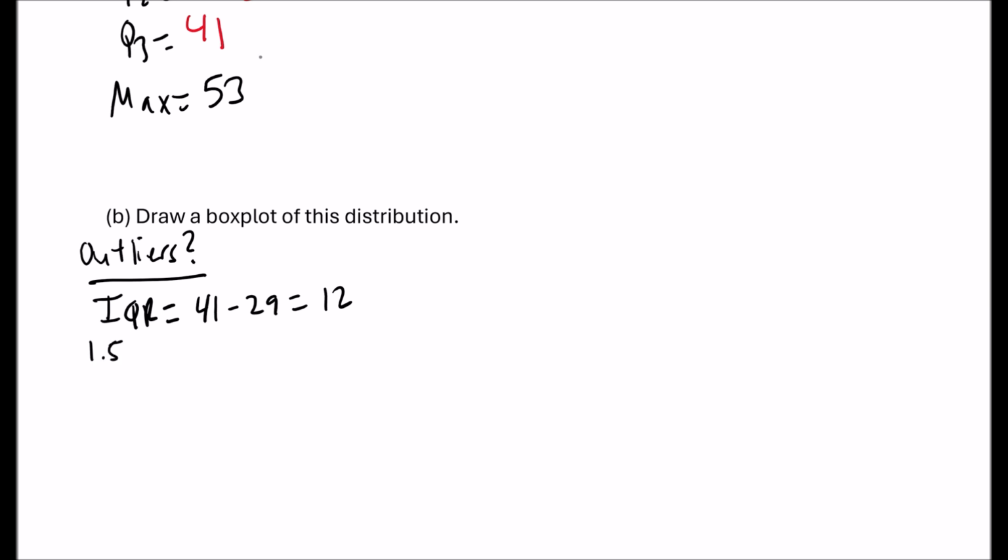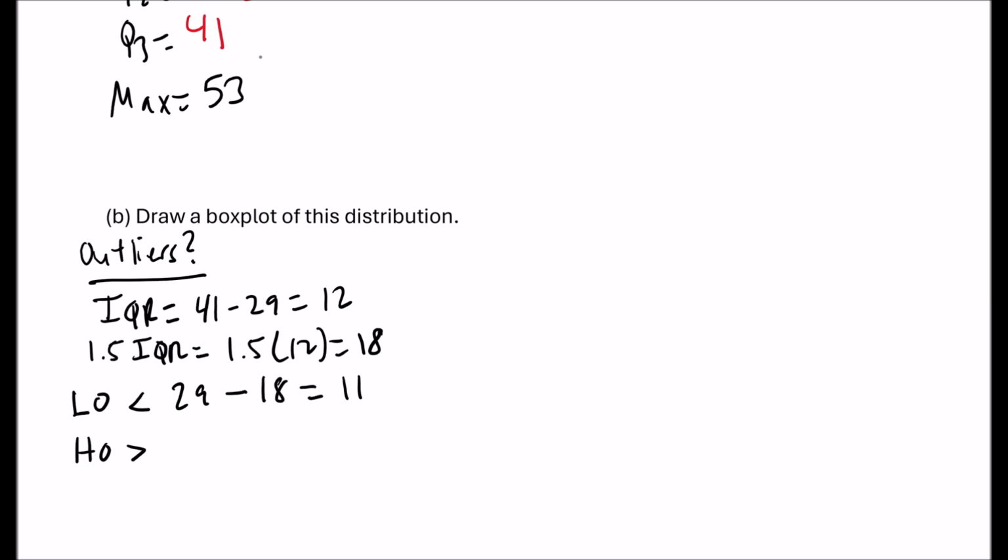And then we have to do 1.5 times the IQR. So 1.5 times 12 is going to be 18. Then we have to find the low outliers and the high outliers. The low outliers are less than the first quartile minus 1.5 IQR, which is 11.